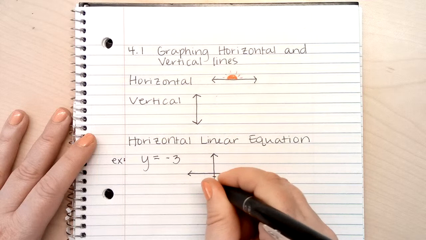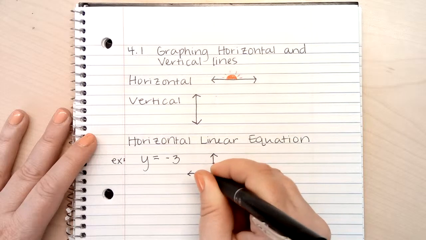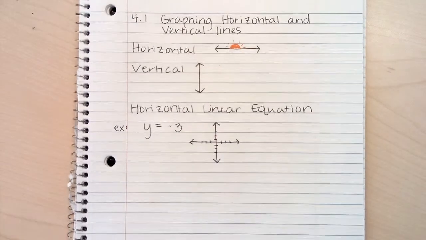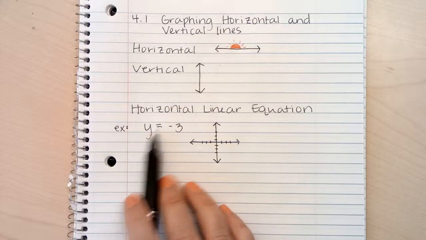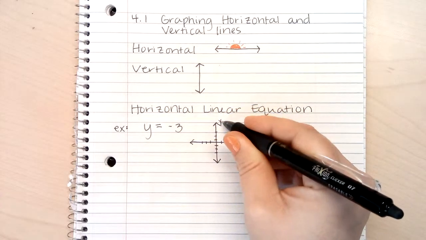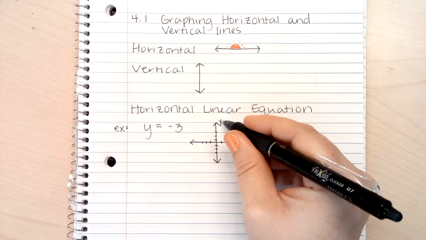And 1, 2, 3, 1, 2, 3, 1, 2, 3, 1, 2, 3. I made my little tick marks. This is just a sketch. So if y equals -3, I want to go to the y-axis, and it's not going to be up and down.